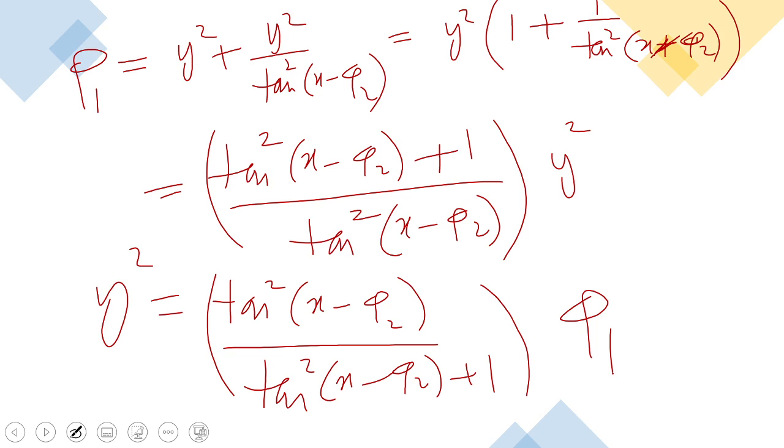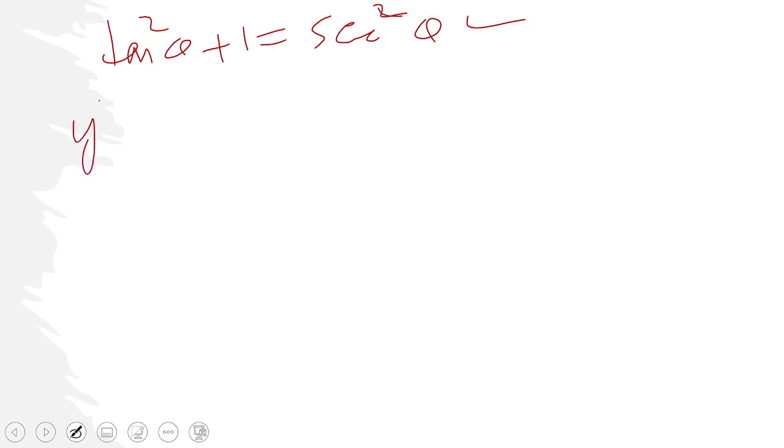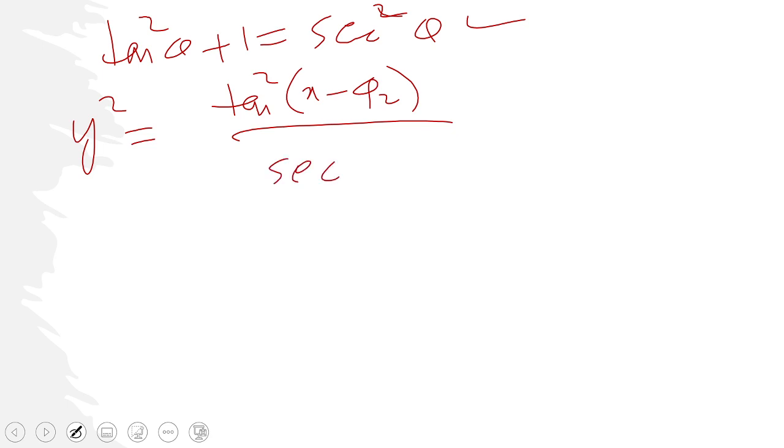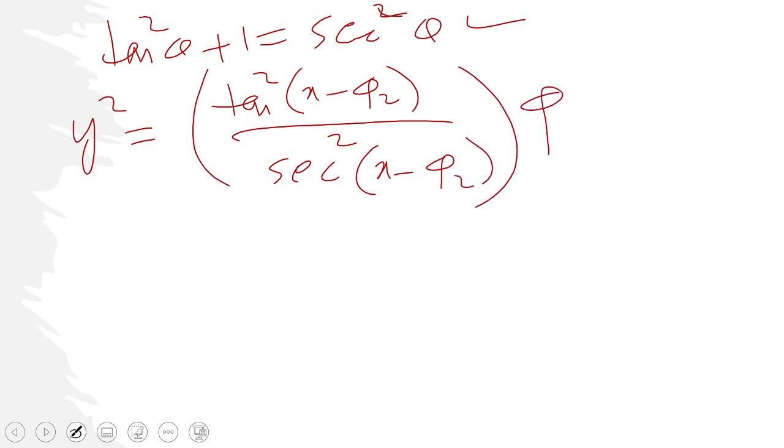So we can convert it using trigonometry. We see that tan square theta plus 1 is secant square theta. So I will use this identity. That will give me y square equals tan square of x minus phi 2 over secant square of x minus phi 2, with phi 1.